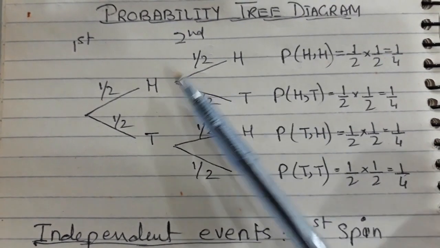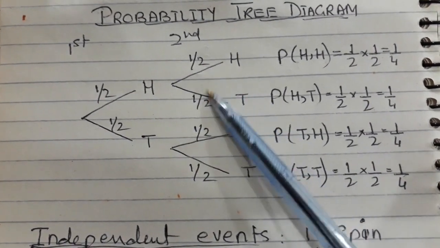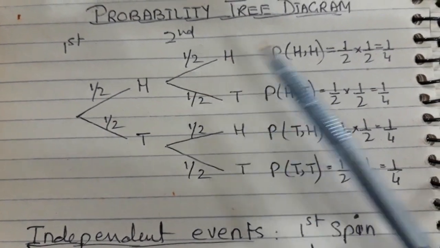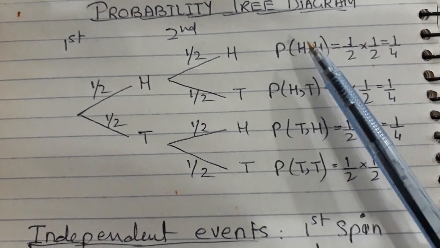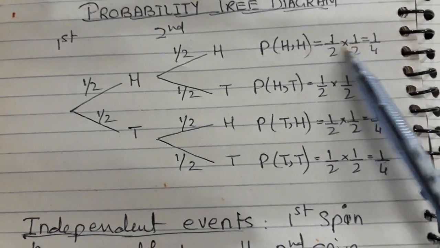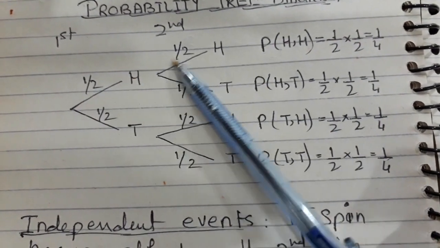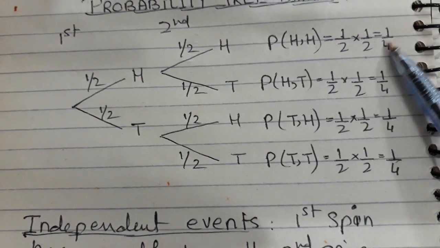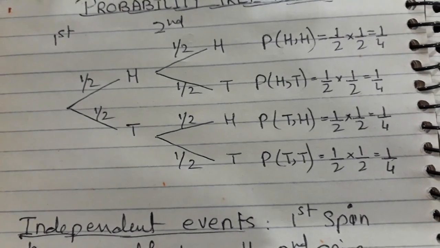So I have written here the probability along the branches. Now if I ask you what is the probability of getting head both times, you can say half multiplied by half. So along the branches you multiply. So it is 1/4, right?